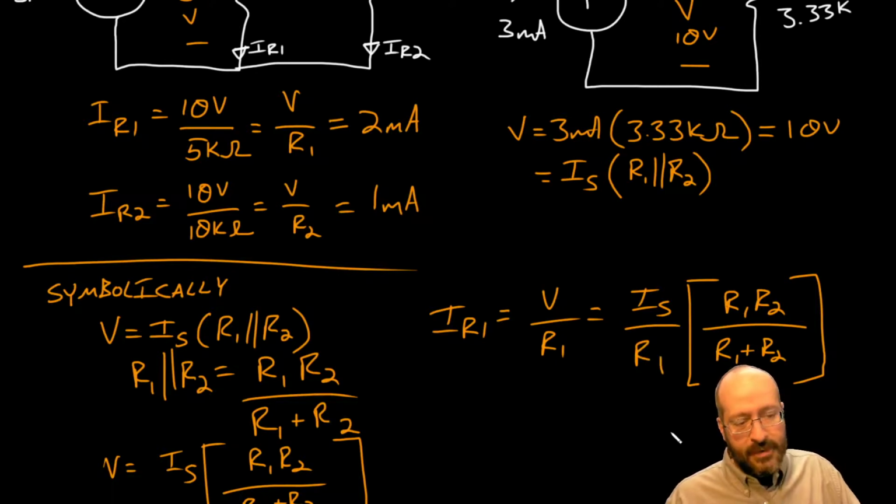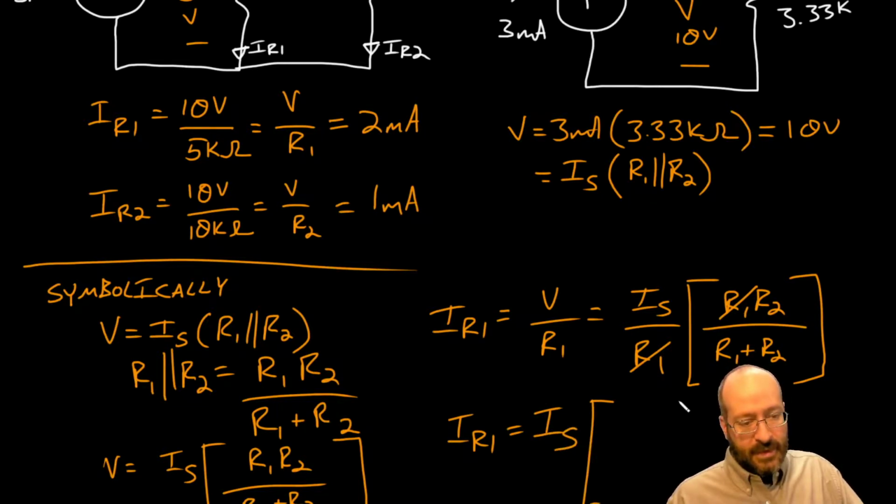I like to put it out here. I think that's the easiest place to put it. We divide by R1. Now watch what happens. I'm finding the current through R1. That's why I divided by R1, but it's also why it drops out of the numerator. So if I want to find IR1, I take the current from the source, and again I have a ratio of resistances, but now the numerator is the opposite branch resistance.